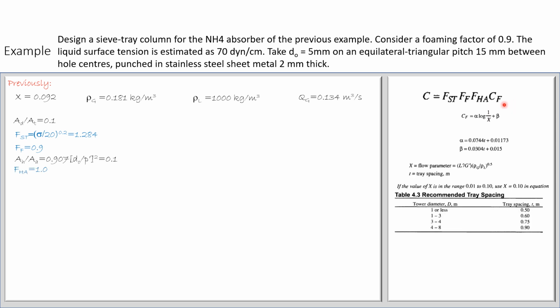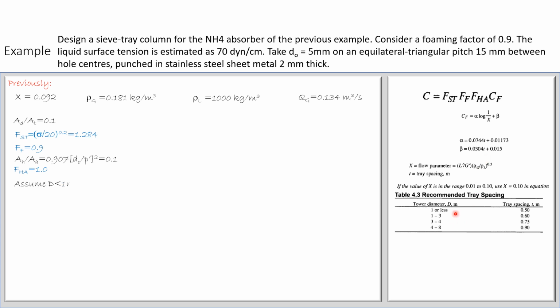Last thing is CF, and for CF I already have the value of capital X. I need alpha and beta, and for alpha and beta I need to estimate or guess the value of tray spacing. From the previous example, we calculated the diameter to be less than 1 meter.